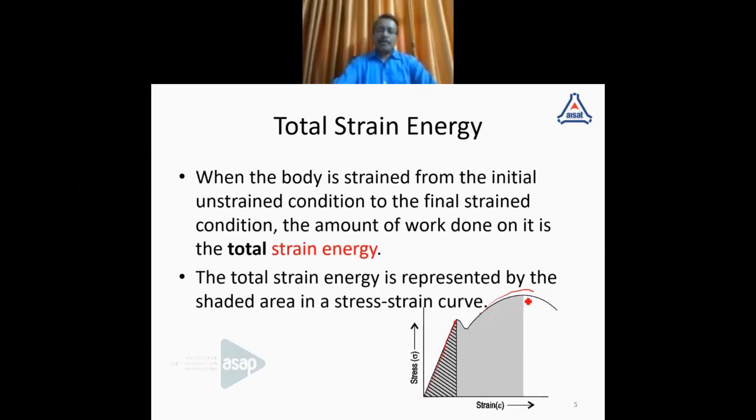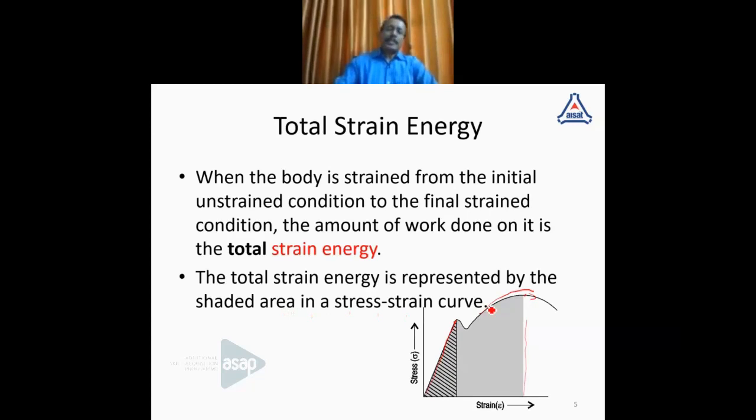So after this point, the material fails. And up to this point, we consider the total strain energy. Total strain energy is represented by the shaded area under the curve.